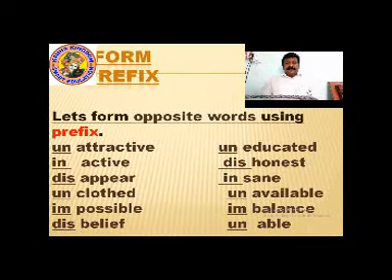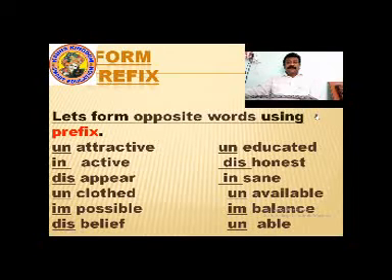When we say he was imbalanced, imbalanced means it was opposite. What is the prefix to be used here? The prefix to be used is IM. Imbalance. Belief. When we say belief, I believe in him. It's his own belief.